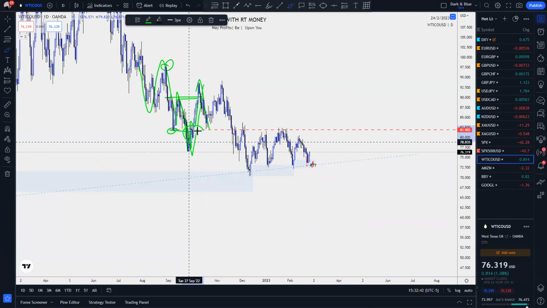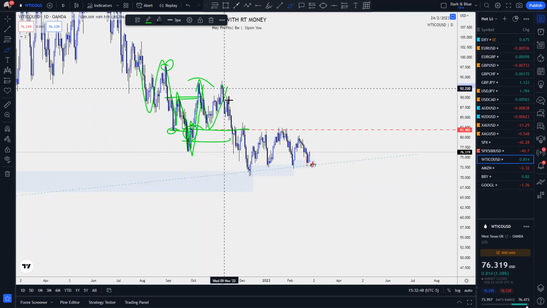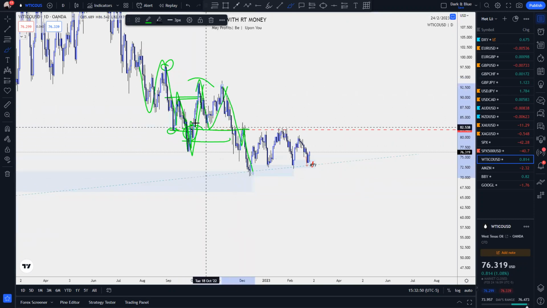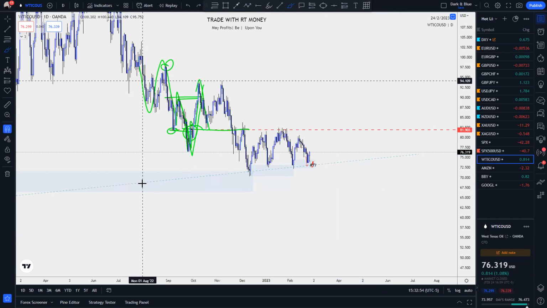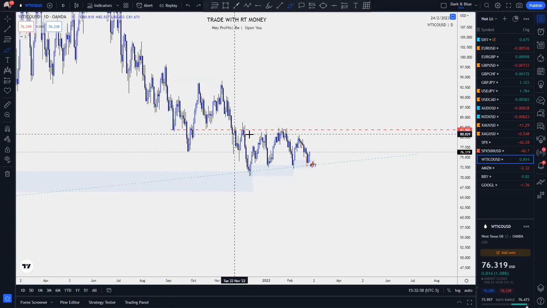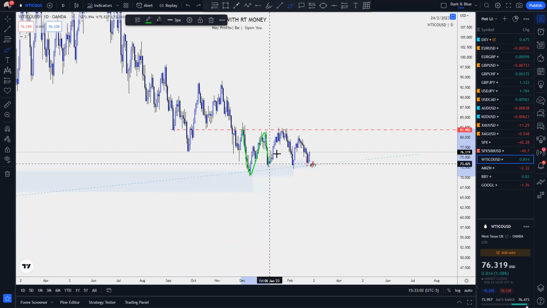It comes back out, respects this demand zone here, pulls back up, fails to make a new high, and then we're trading below that breakout point. I love that because it gives us clarity, right? We have a bearish market, but it is moving sideways right now, right?